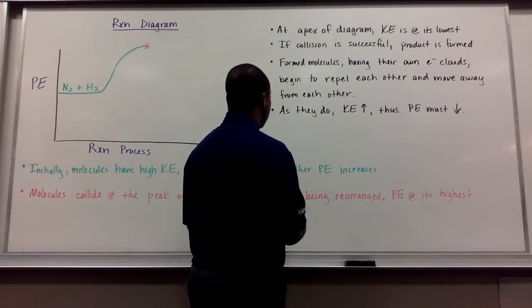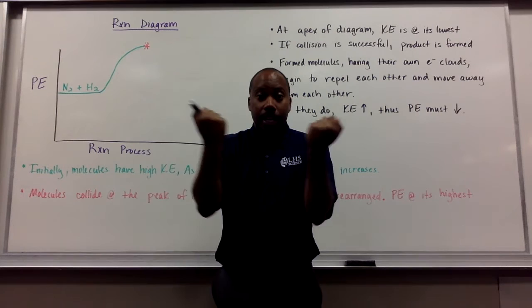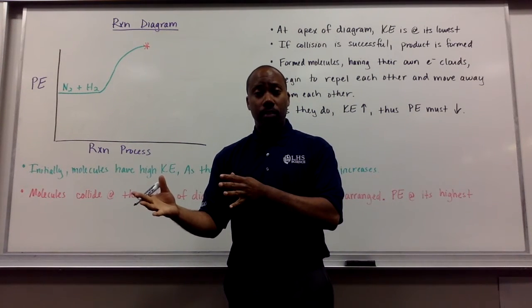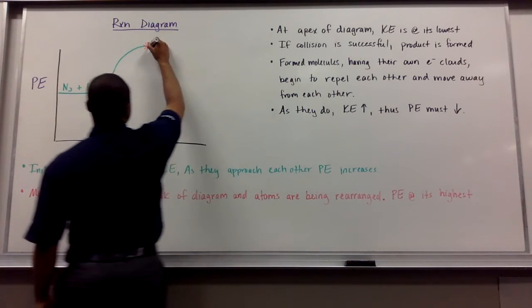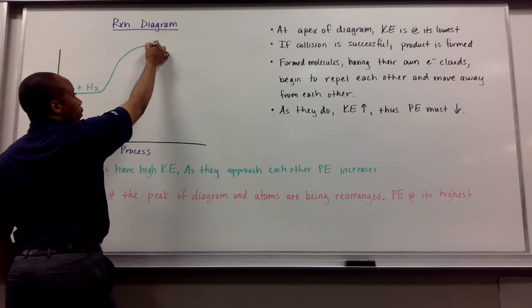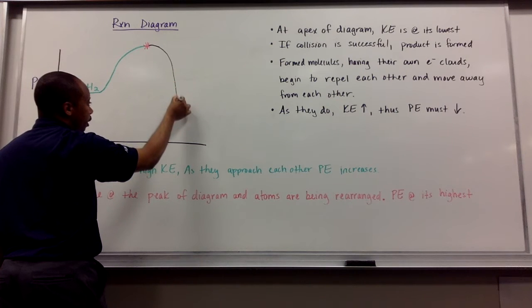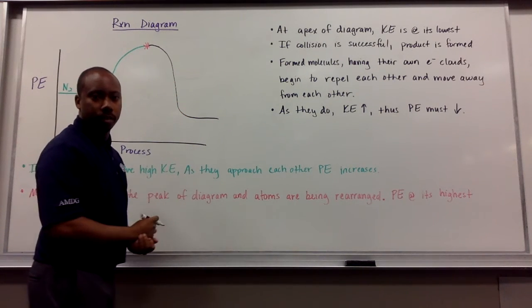When they start going away from one another, they're gaining speed. They're gaining kinetic energy. If I gain kinetic energy, that means I have to lose potential energy. That's why the graph decreases in its slope. A new product is formed, those molecules start to repel one another, and you decrease until we get to a certain energy here.